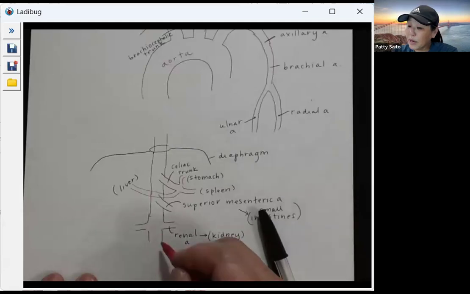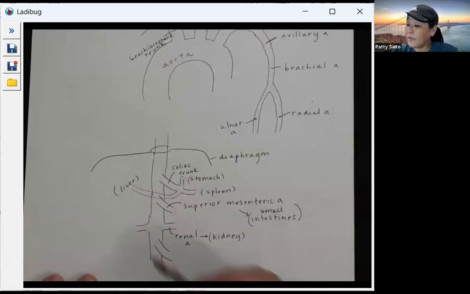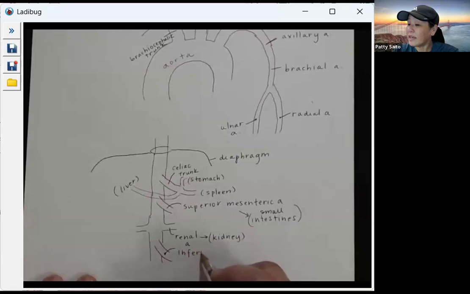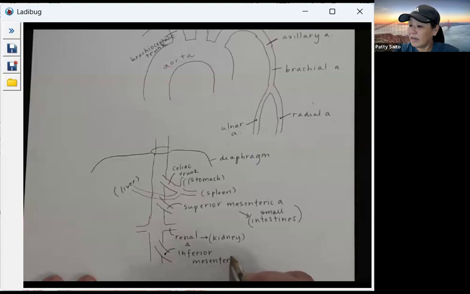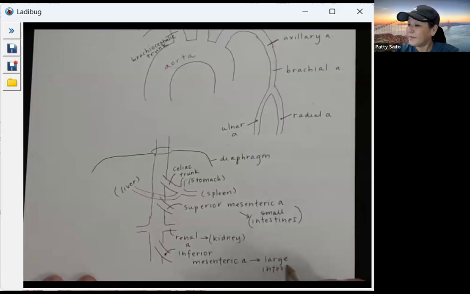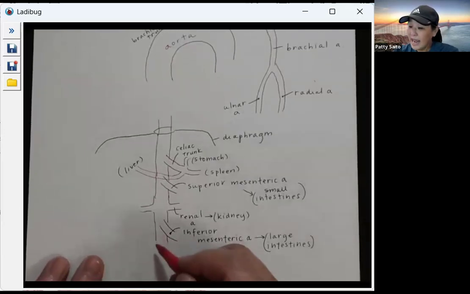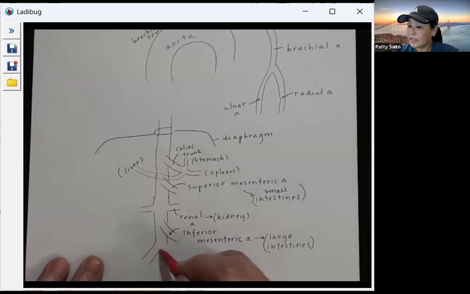And the last branch off of here would be the inferior mesenteric artery. The inferior mesenteric goes to the intestines also, mainly the large intestines. Okay.